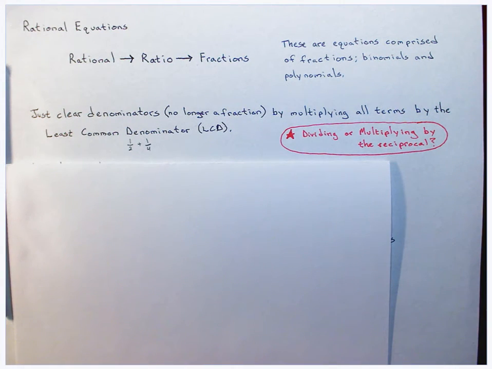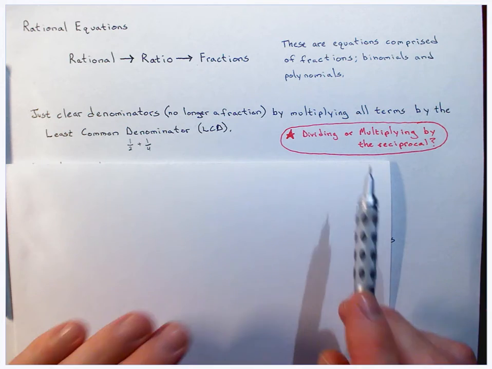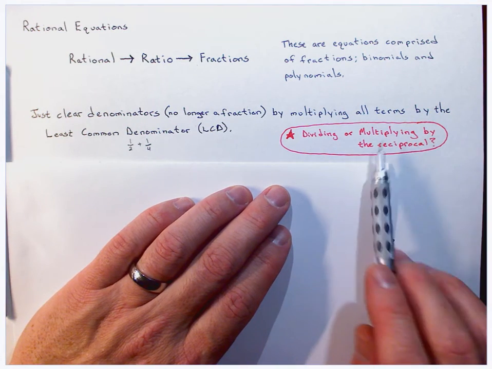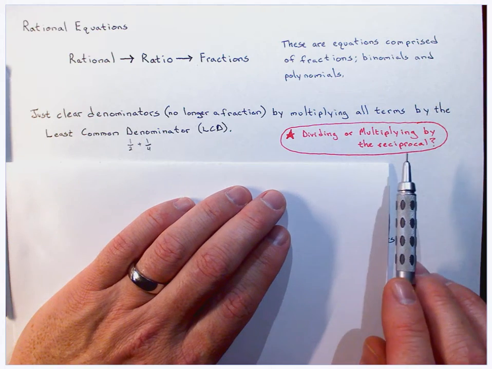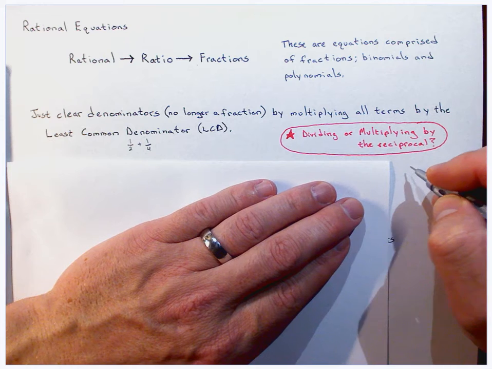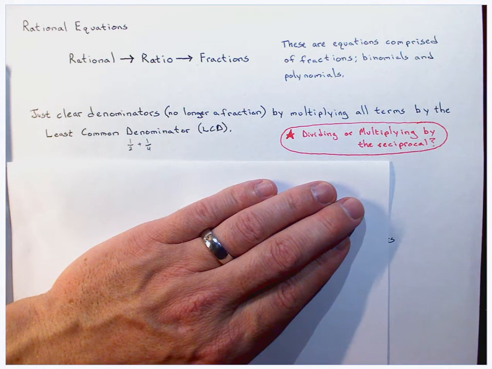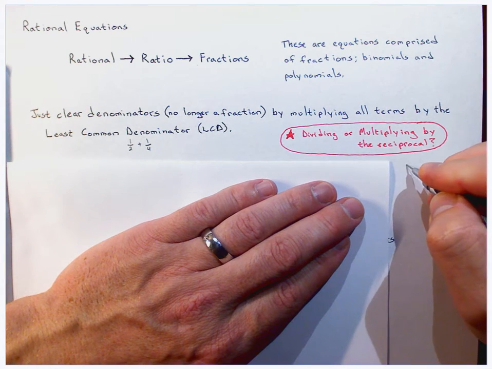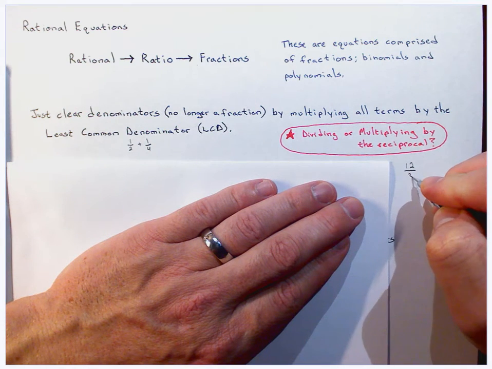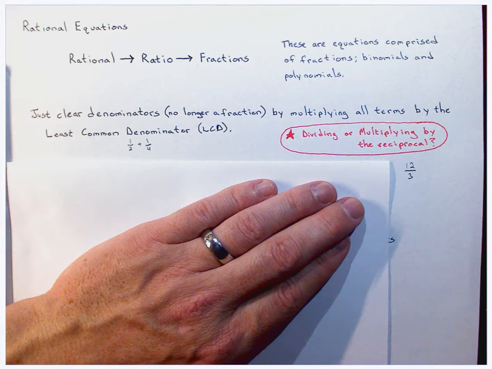But one thing I did want to talk to you about, and this is just concept and how you think, and I need you to be able to see and understand this: dividing or multiplying by the reciprocal, it's the same thing. So if I had, and we'll pick an easy one, 12, and I'll write it as a fraction, divided by 3. 12 divided by 3.